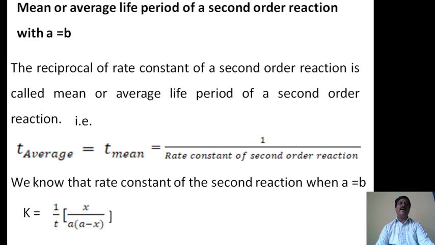We know that the rate constant of a second order reaction when both concentrations of the reactants are the same, that is a = b, is k = 1/t × x/(a(a − x)), where x is the amount of product formed, a is the initial concentration, t is the time required for that reaction, and k is the rate constant of the second order reaction.